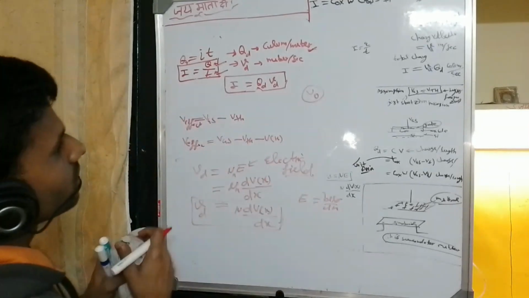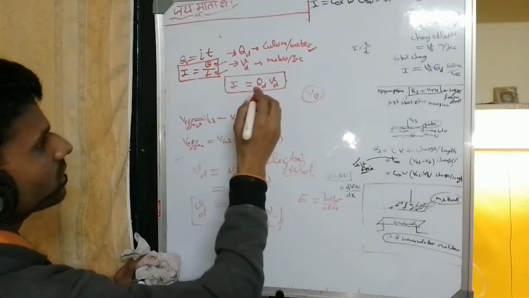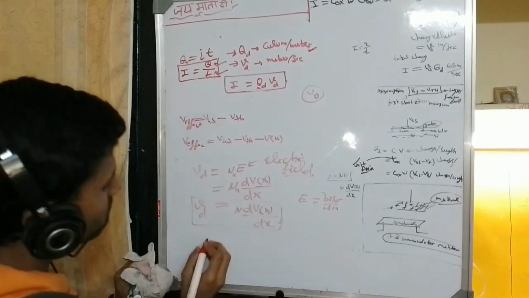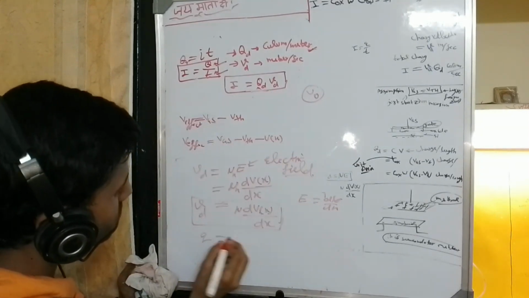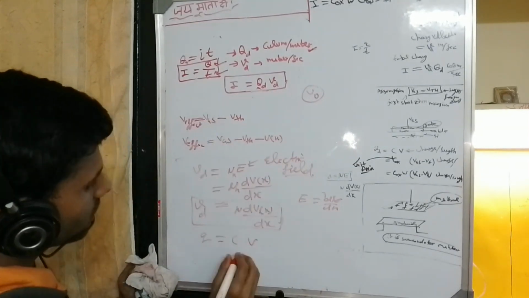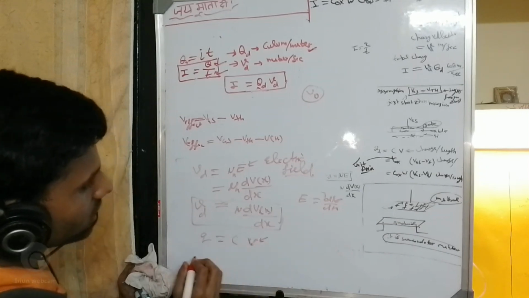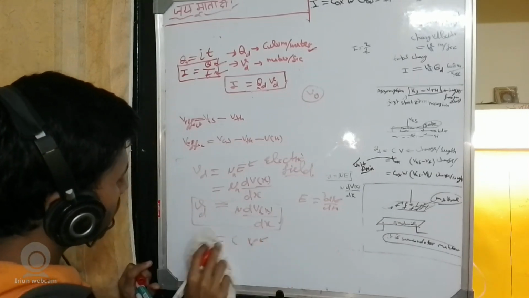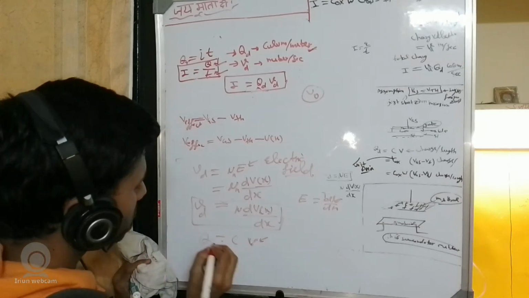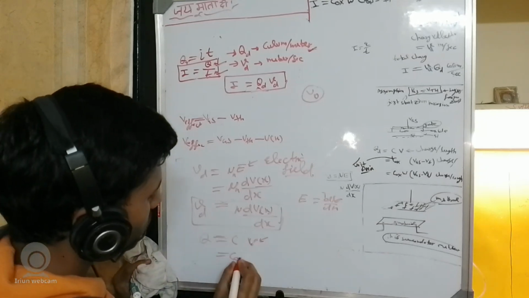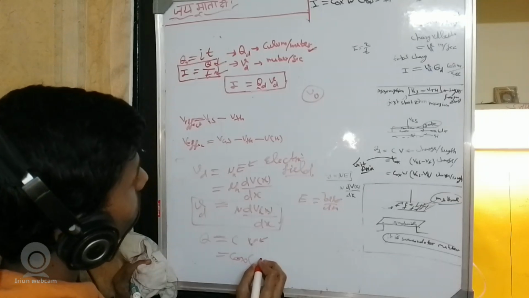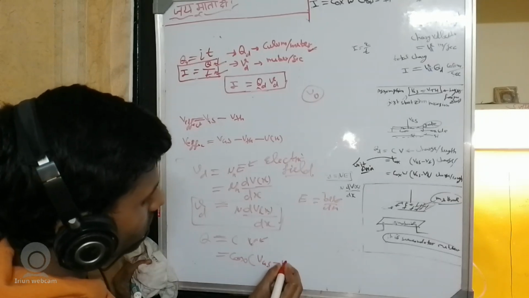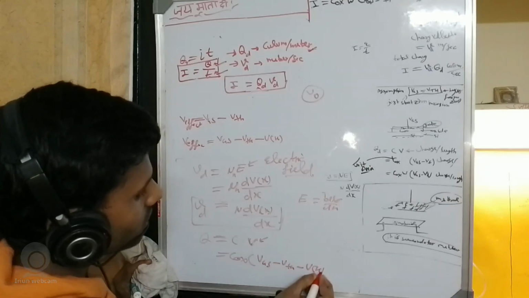Now, I already told you Q is equal to C into V, and this is the effective voltage, so the effective charge will happen because of the effective voltage, which is VGS minus VTH minus Vx.